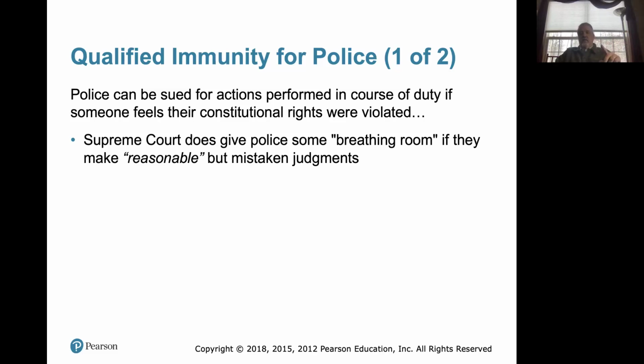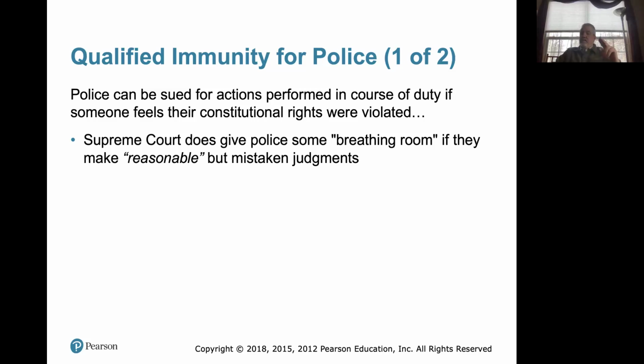The case law has changed over time, but generally speaking it's a two-prong test. One, did the officer do something wrong? Two, is the wrong something that was well known enough within the police community that the officer either knew or should have known that what they were doing was wrong?